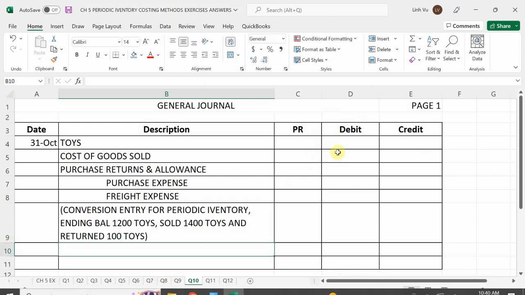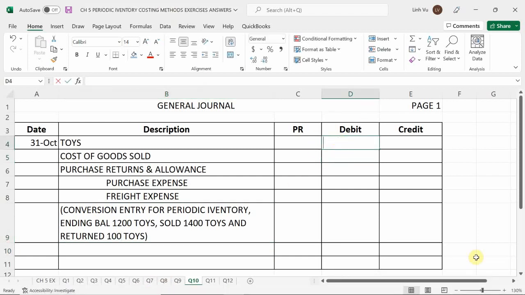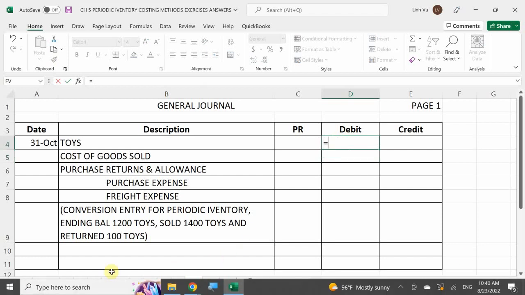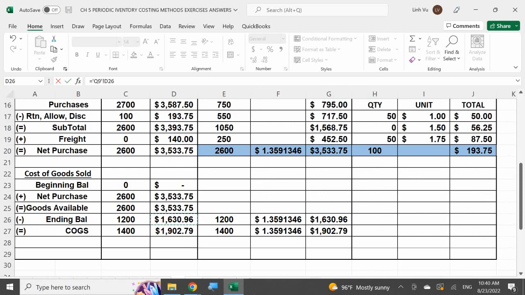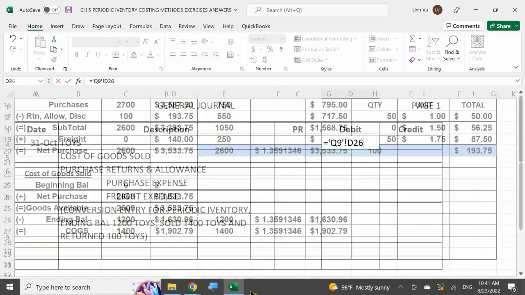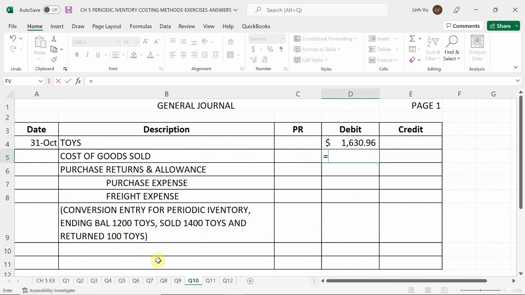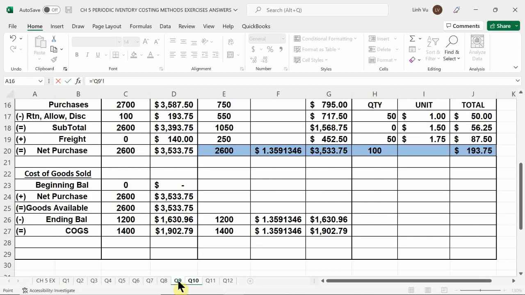Now let's go ahead and map them out. What was the total value of my ending inventory? $1,630.96. Good. What was the total value of my cost of goods sold? $1,902.79.